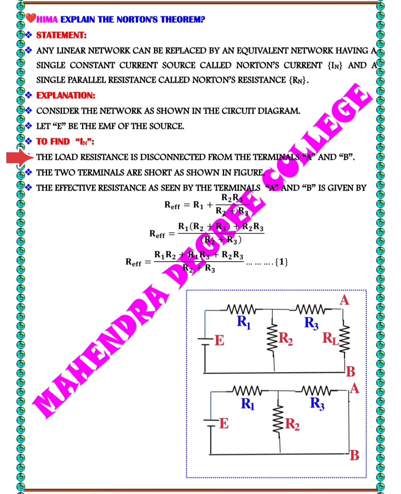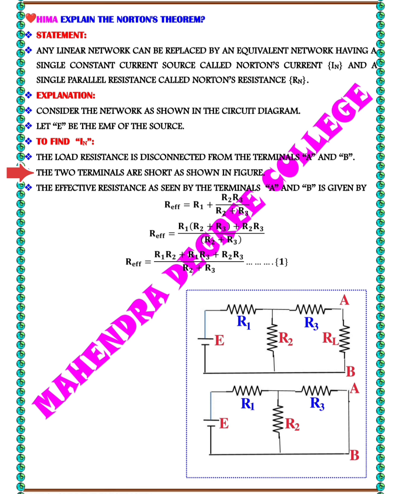Load resistance refers to the opposition that a load offers to the flow of electric current in a circuit. The two terminals are shorted as shown in the figure. When Norton's theorem is applied with the two terminals shorted, the circuit is simplified into an equivalent current source in parallel with a resistance.